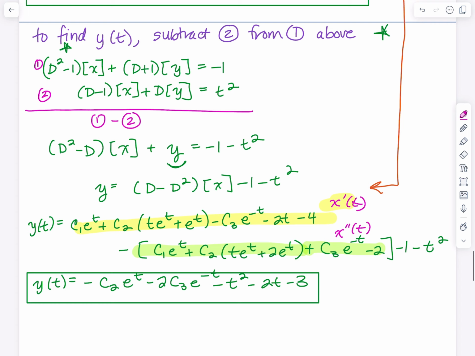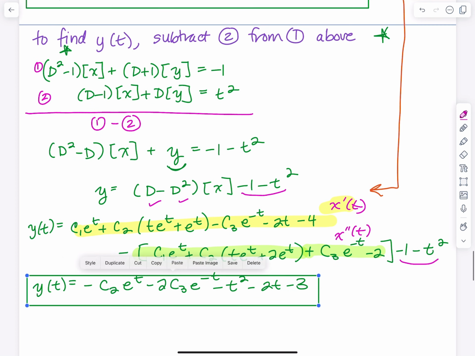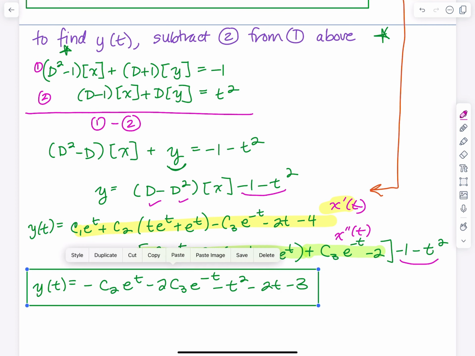And so then we still have this term here. So you can see where we have the derivative and then the second derivative of x and plugging that in. Okay, and that concludes this video.